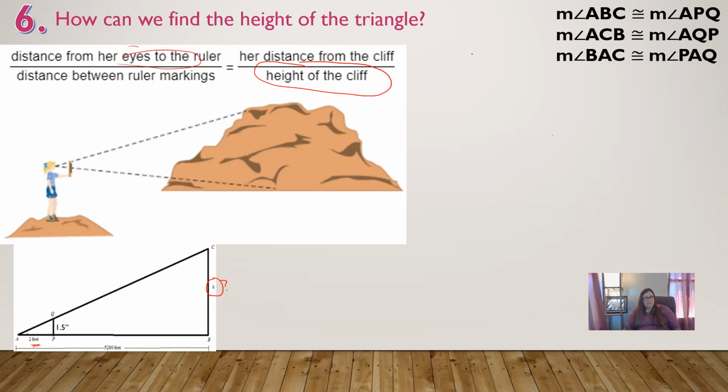Now I'll just point out that angle ABC right here, this angle, is equal to APQ. ACB right here is equal to AQP, and BAC right here is equal to PAQ.